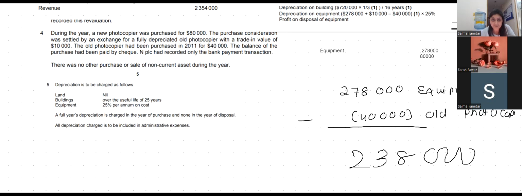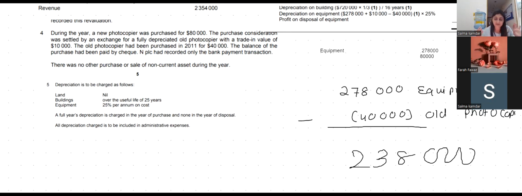So we've only paid 10,000. They have only paid 10,000 for the new photocopier. That is what they are telling. Purchase consideration was settled by exchange of a fully depreciated old photocopier. That means they took the new photocopier and gave the old photocopier.